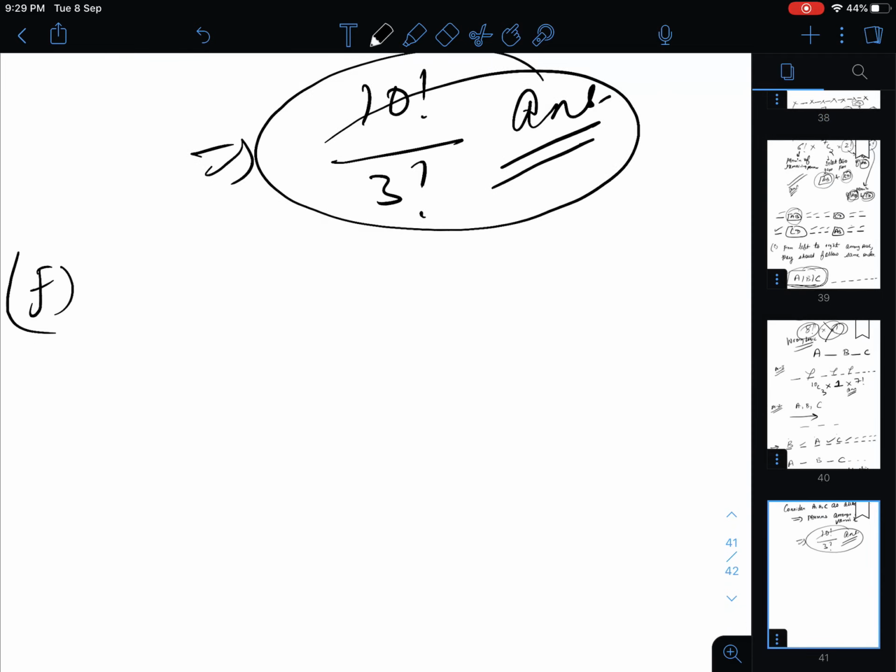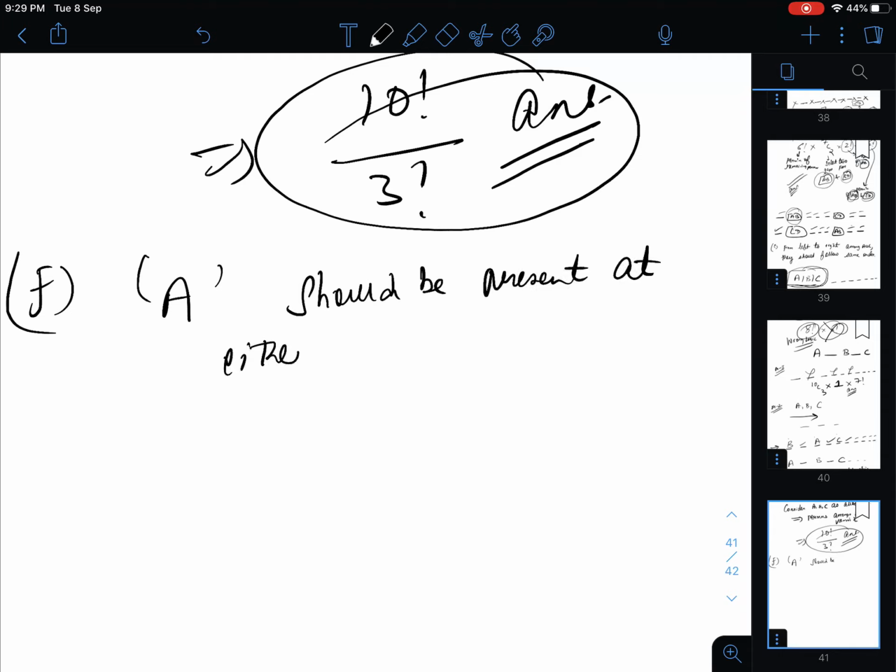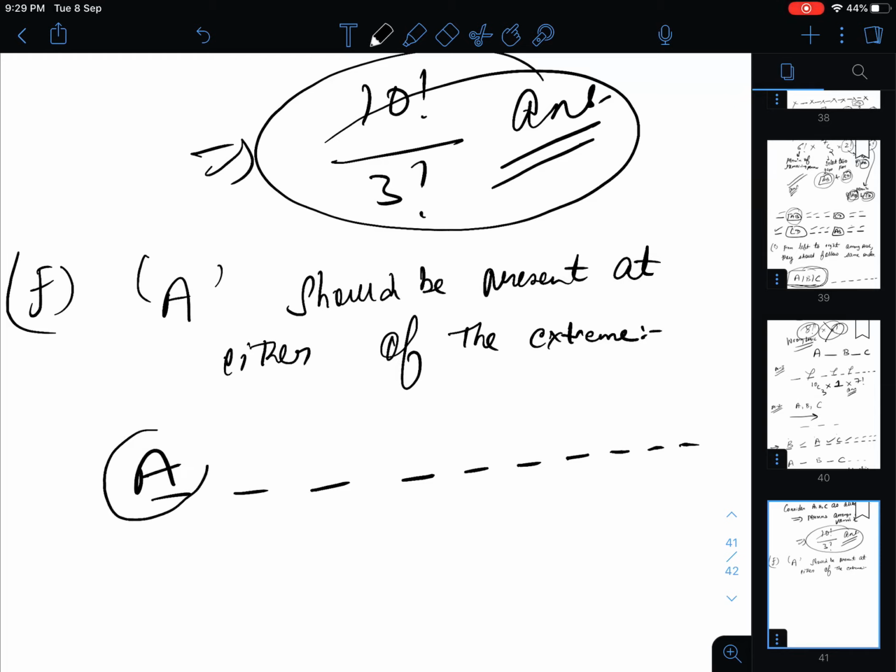Moving on, suppose I say that A should be present at either of the extreme. So that means you have 1 2 3 4 5 6 7 8 9 10. So A should be present either here or here.